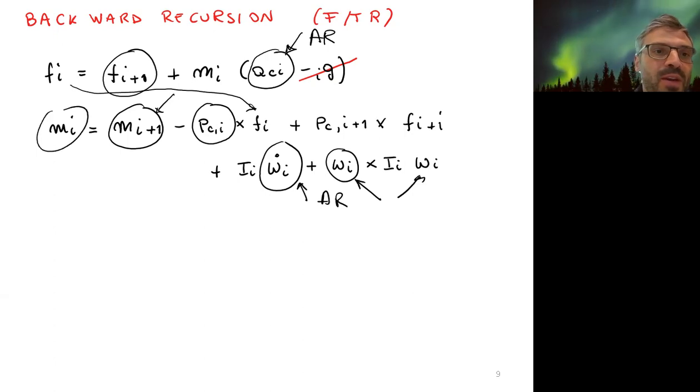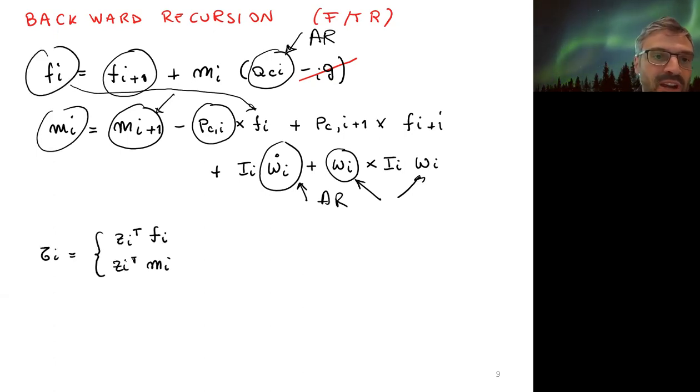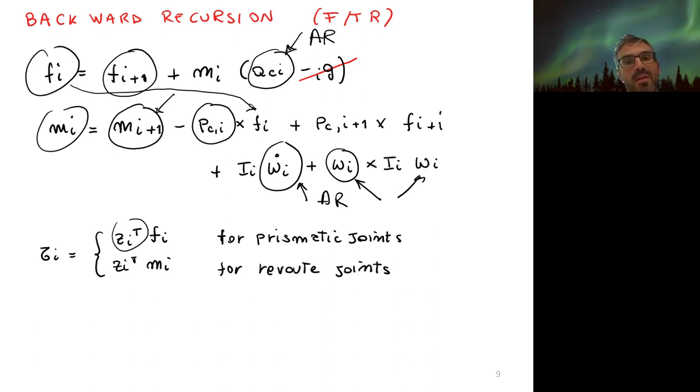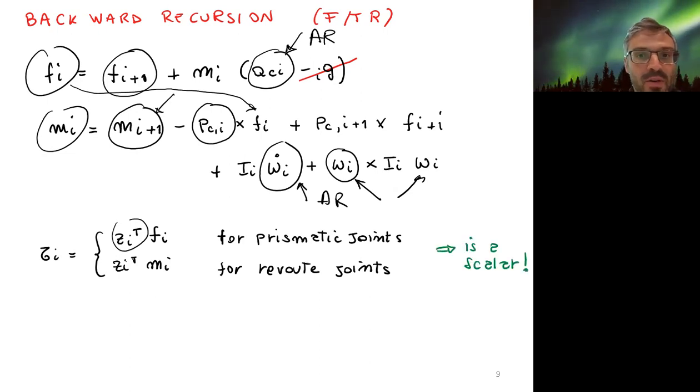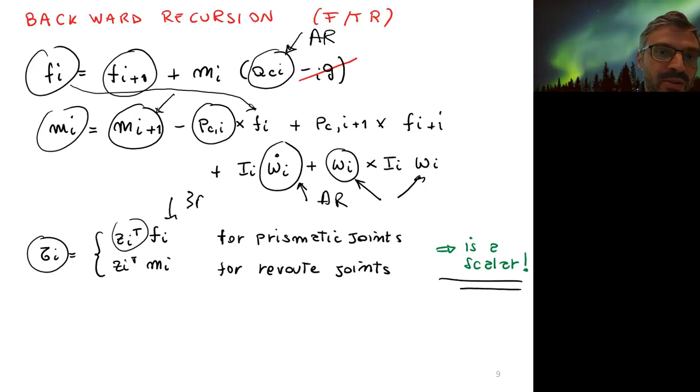So we have everything. We can compute this for each link, and then we project along the joint axis. In the case of prismatic joints, we project the 3D forces, while in the case of revolute joints, we project the moments along the joint axis. We know that this tau I is a scalar, but here we have a 3D vector and a 3D vector.